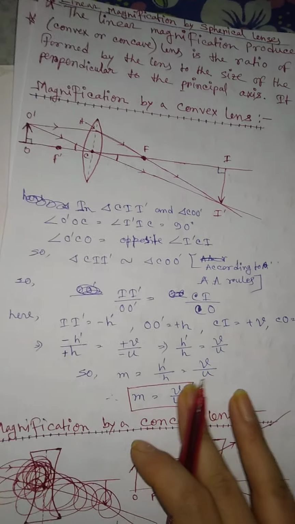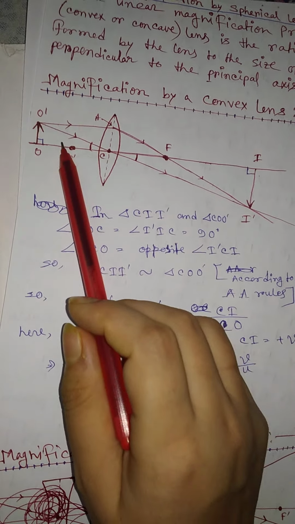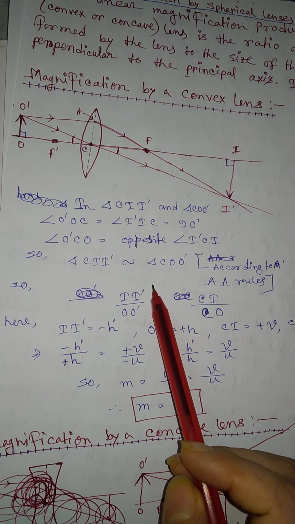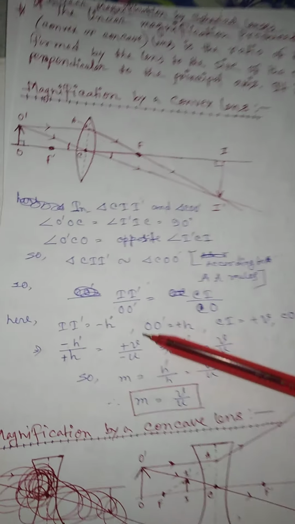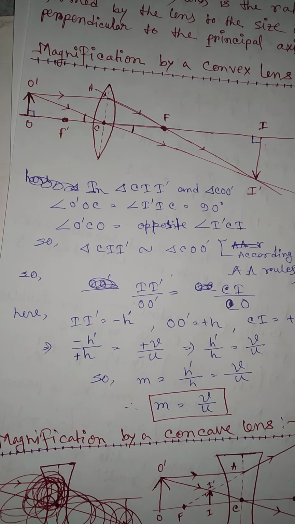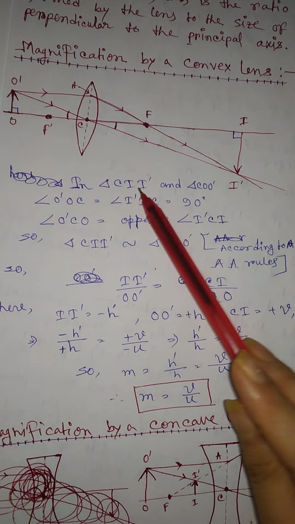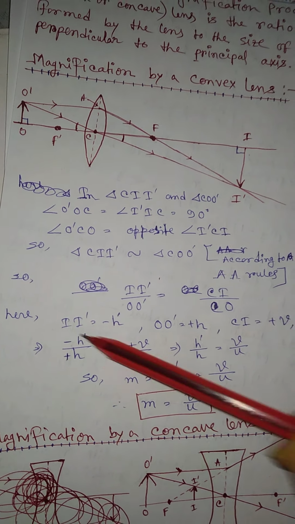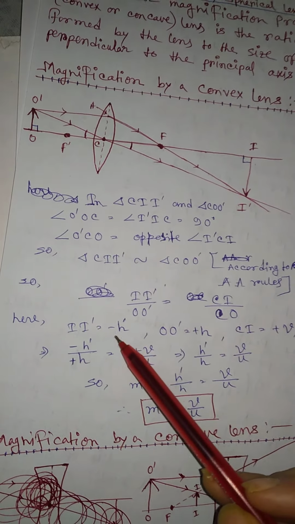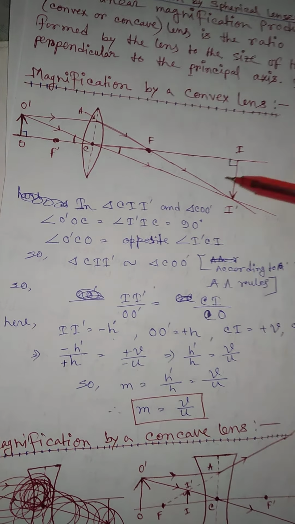That means from the angle rules we can say that these two triangles are similar triangles. So from these two triangles we can write I dashed by OO dashed equals CI by CO, right?